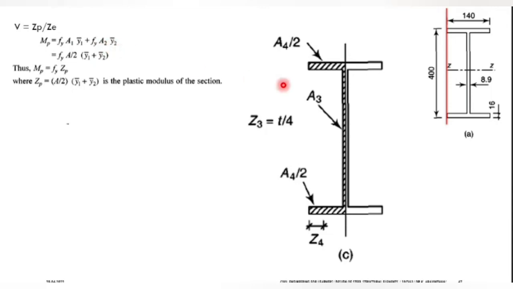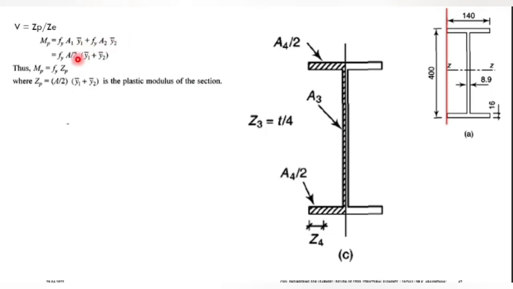If I am having three parts, that is two flanges and one web, I can add A1 Y1, A2 Y2 plus A3 Y3. So you will be having three factors.